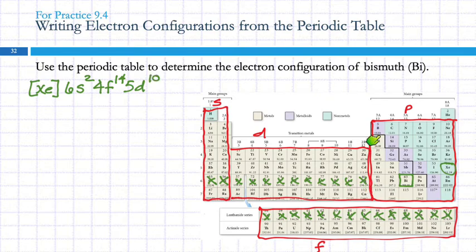Over here, we're back to the main group. This is not sunk, right? And so this is 6 again. 6p, and how many electrons? 3. 1, 2, 3. Okay? Any questions?